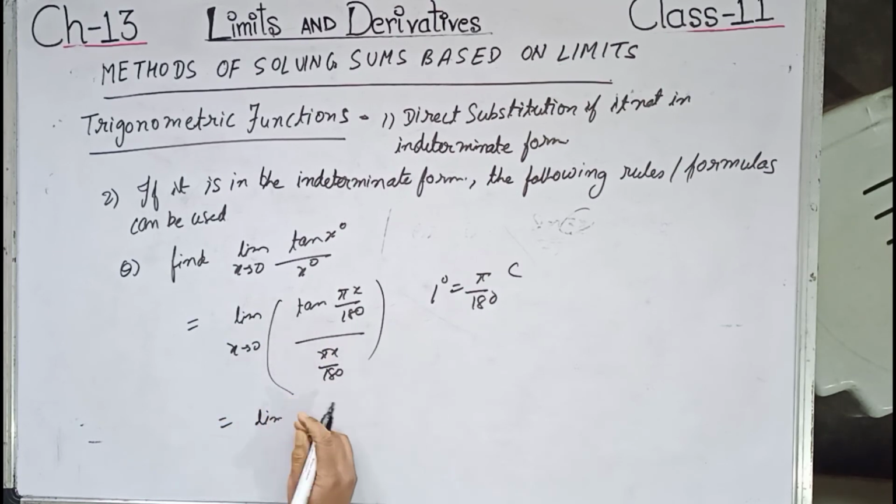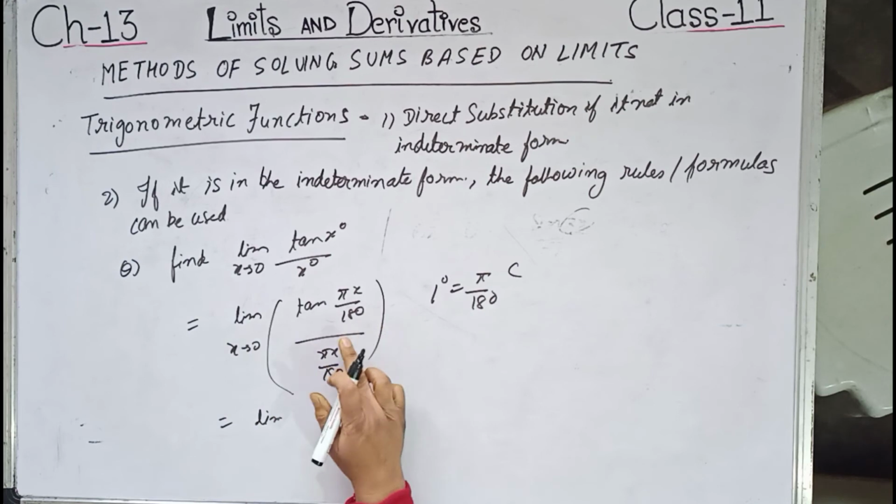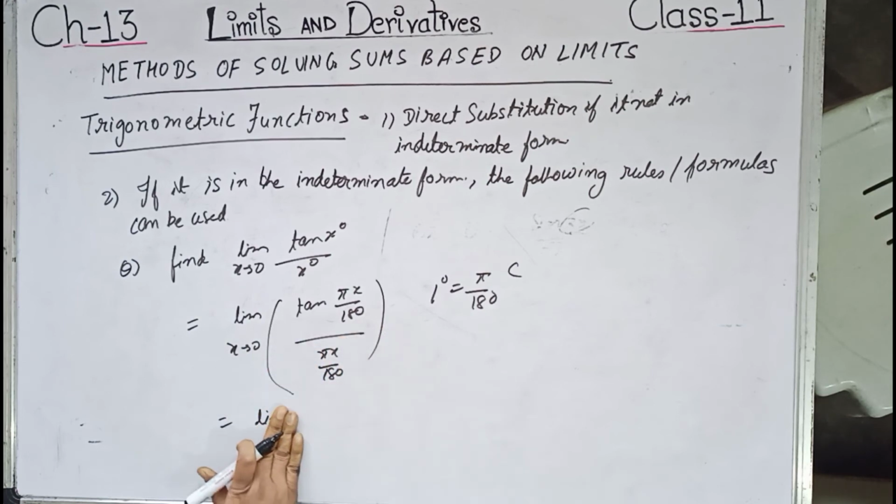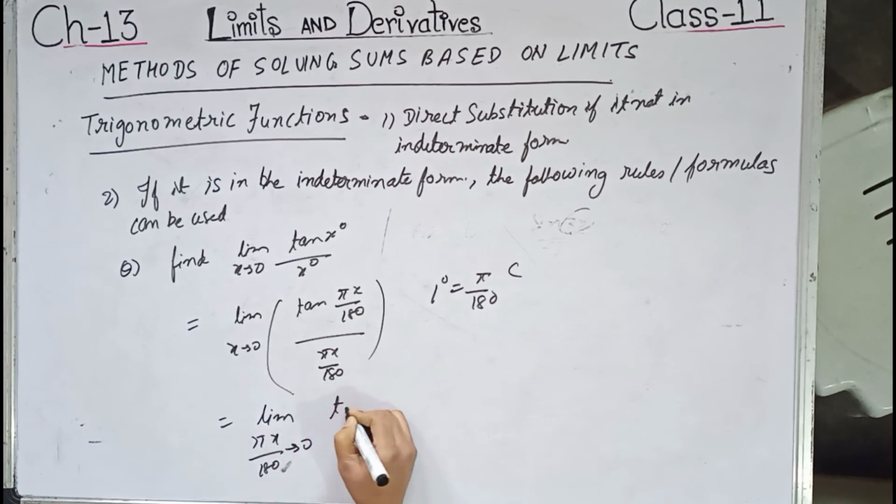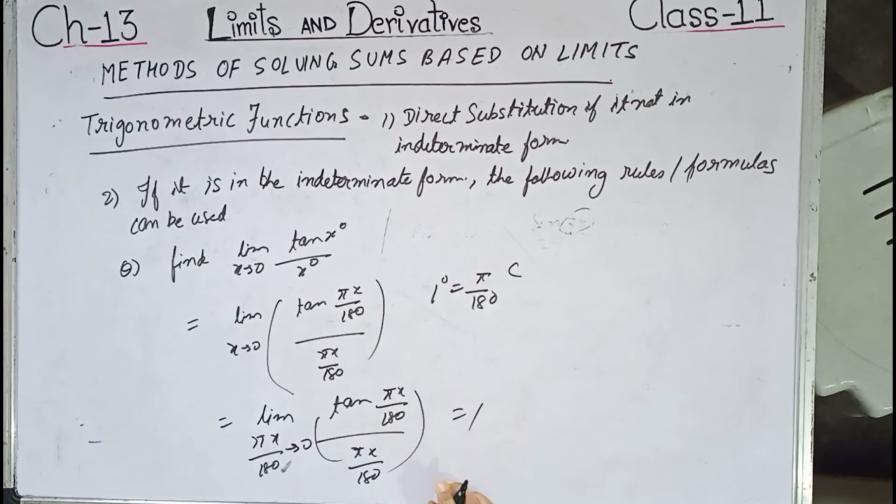Now we can use it. If x is tending to 0, then pi x by 180 also will tend to 0. So now I can write pi x by 180 tending to 0, and tan of pi x by 180 by pi x by 180, and now I can write this as 1. So if it is mentioned in degree, convert it to radian and only then solve.